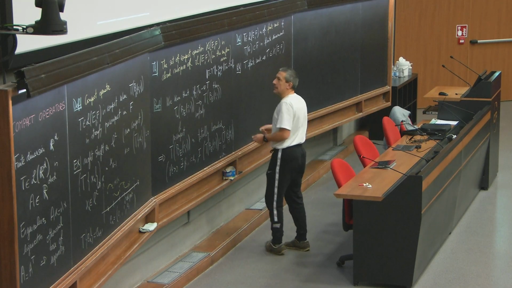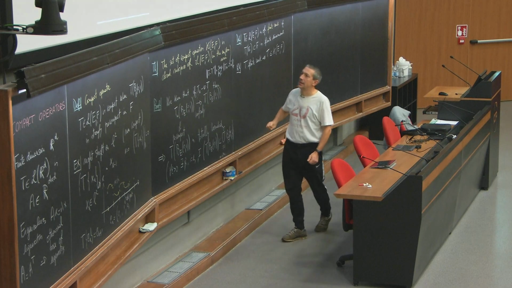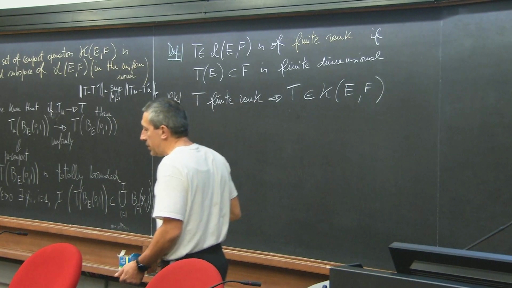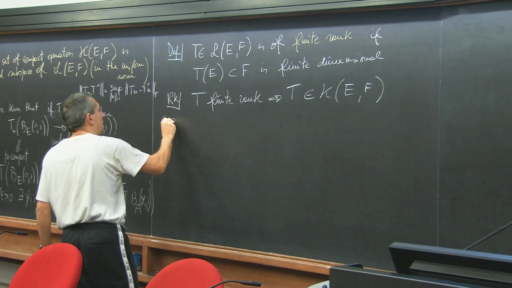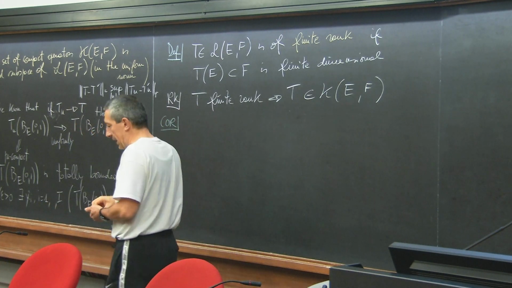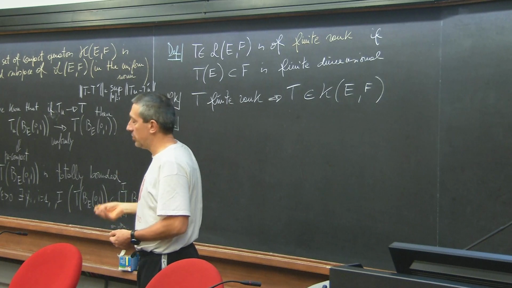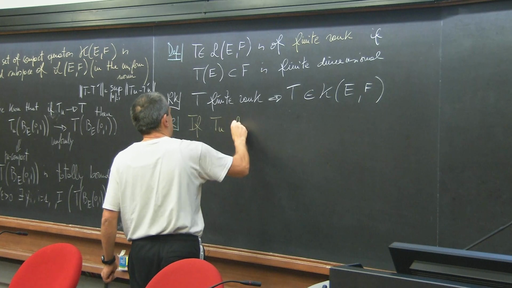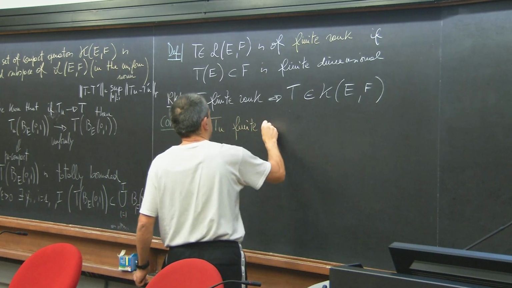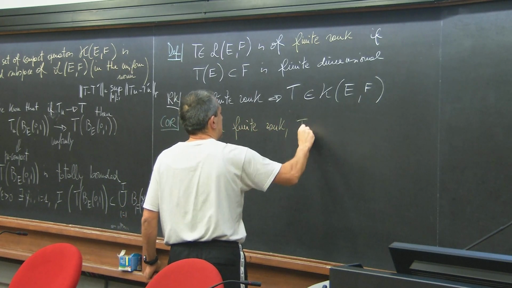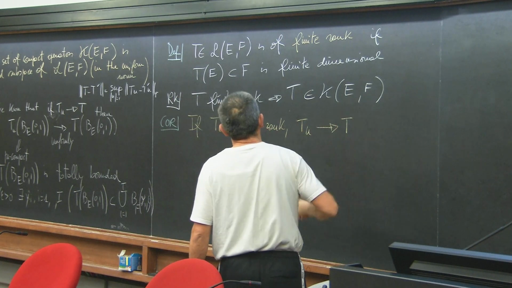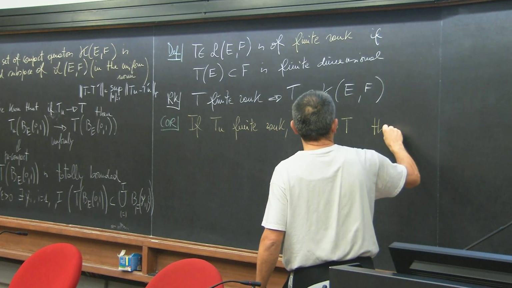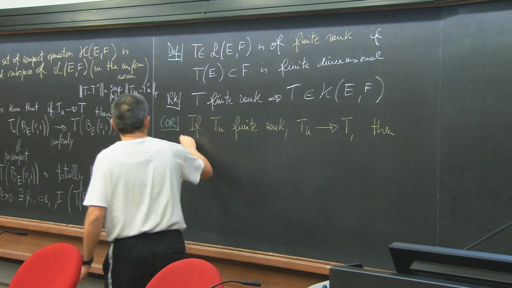So now we apply this theorem where the approximation sequence has finite rank, and we deduce immediately an easy way to say if an operator is compact. If Tn is finite rank, and Tn converges to T in the uniform topology, then T is compact.